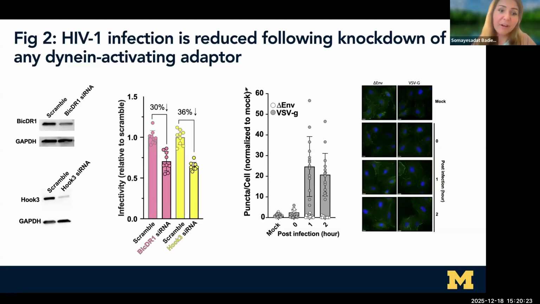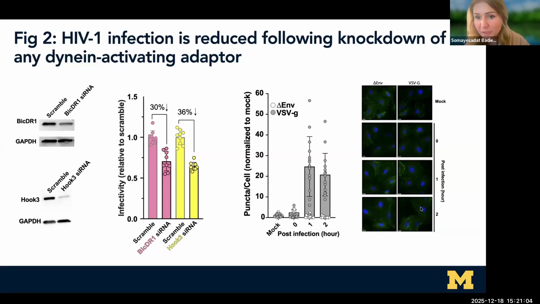And interestingly, in different cell lines that they tried, they found that knockdown of BICDR1 can reduce the infectivity by 30% and knockdown of Hook3 can reduce it by 36%. Another study comes from a proximity ligation assay. In this assay, when two components are close to each other, a fluorescent puncta is formed that you can measure.